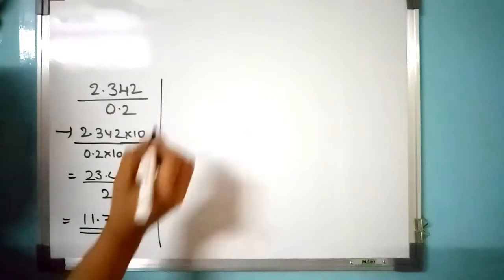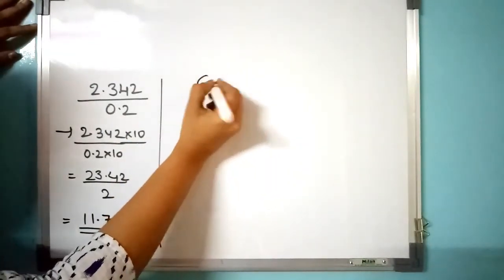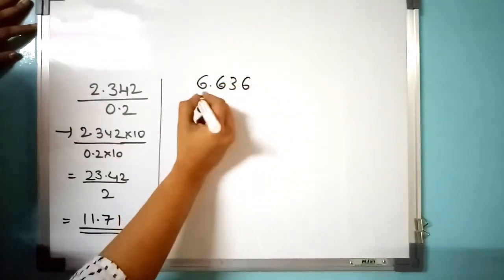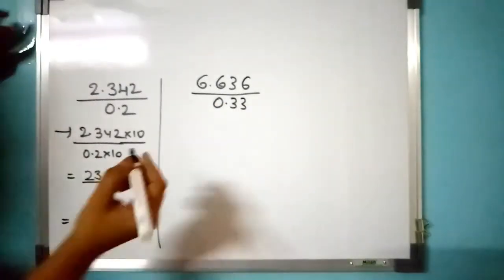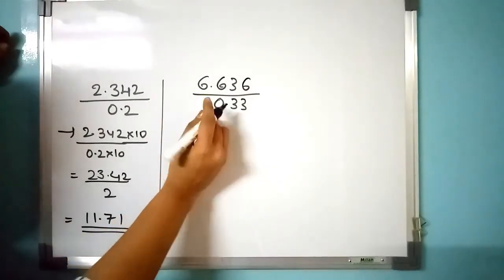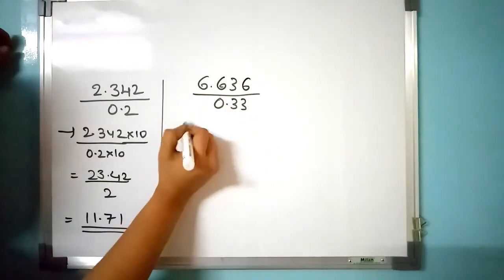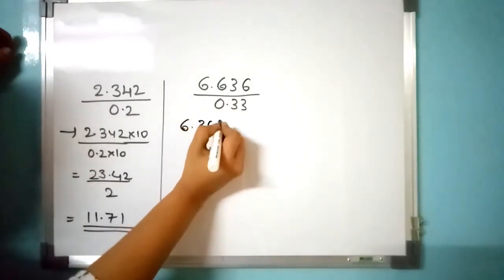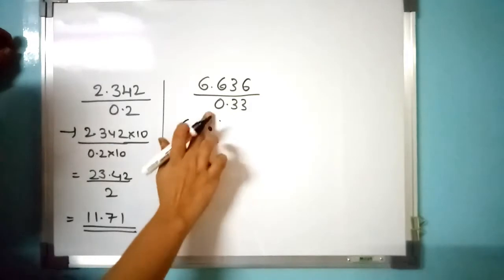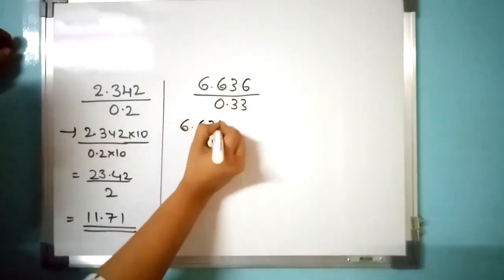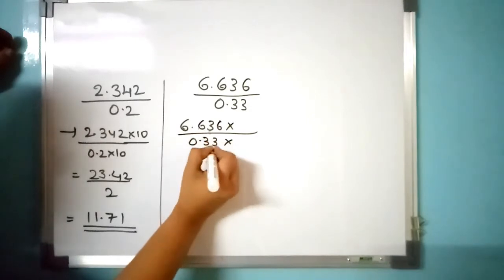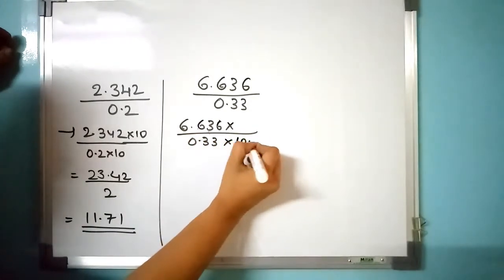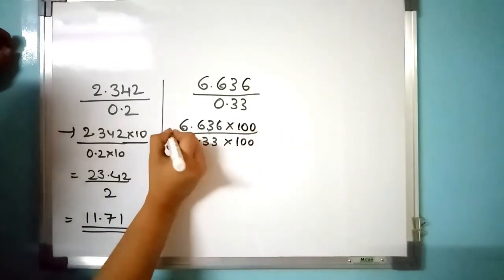Let's check one more question. Suppose the question is 6.636 divided by 0.33. Let's change it to the without-decimal form of the denominator. After the decimal there are 2 digits, so multiply by 100 here.